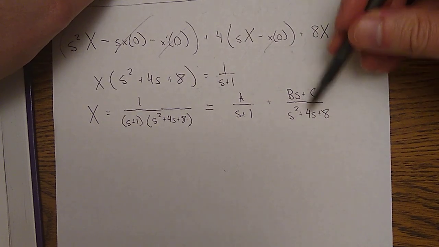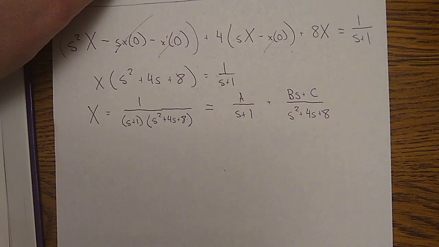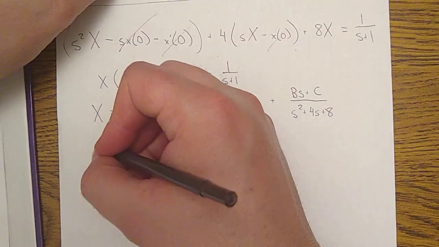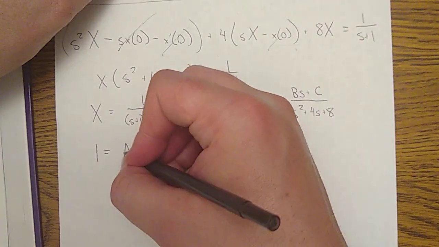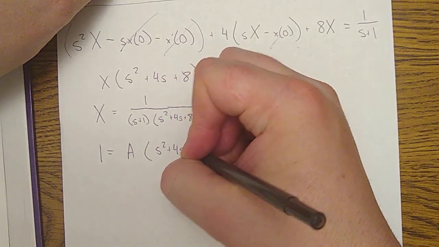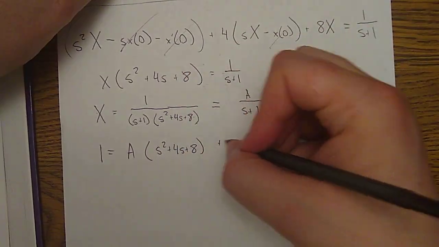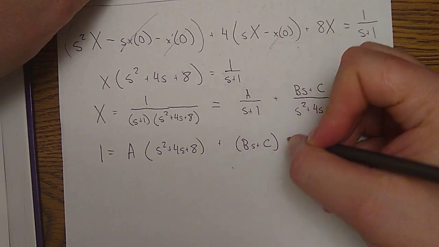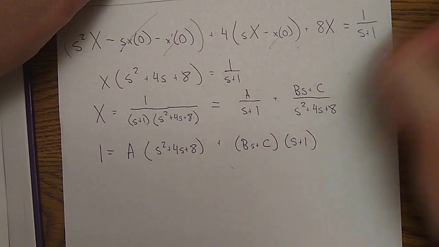For an irreducible quadratic, you put something like bs plus c on top. I'm going to multiply both sides by the denominator. I'm going to get 1 equals a times s squared plus 4s plus 8 plus bs plus c times s plus 1.